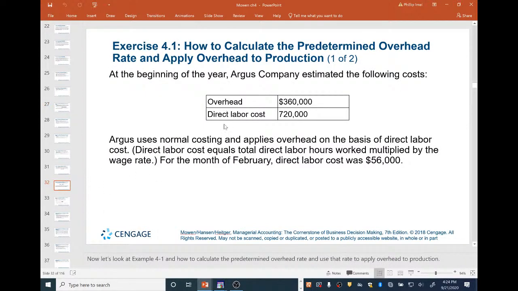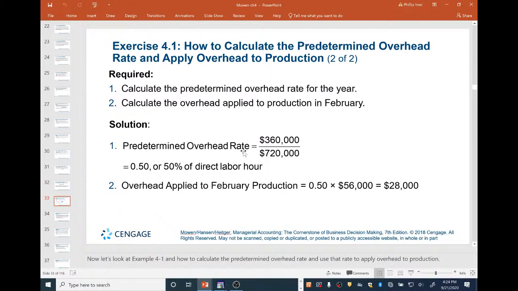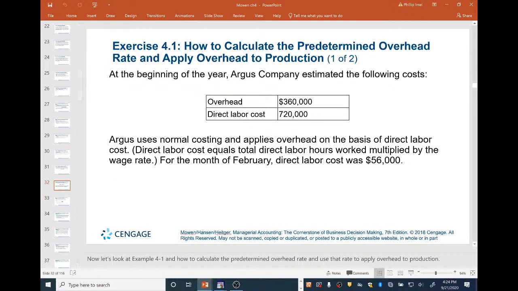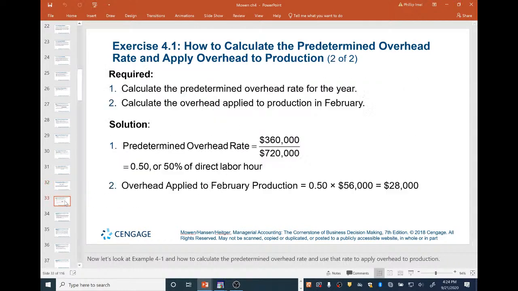There's the 360 estimated overhead, and there's your cost driver, the 720. In this case, direct labor cost is their cost driver, right? So you do your math there, and it leaves us with 50% of direct labor cost, or 0.5. Everyone understands step 1 right there? Pretty straightforward. Anyone kind of stuck on that?